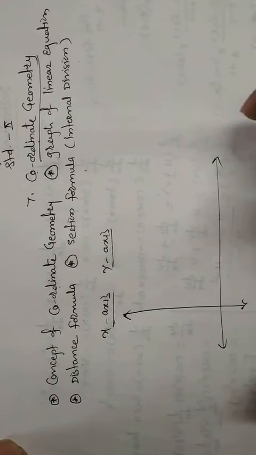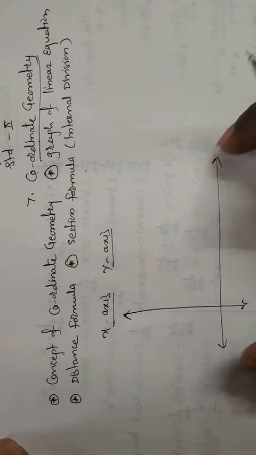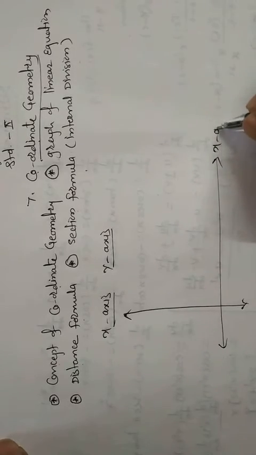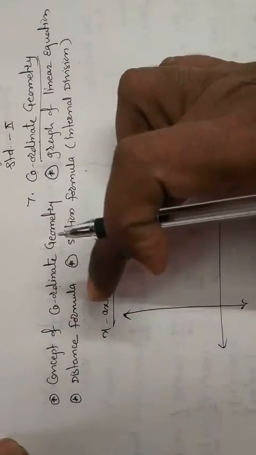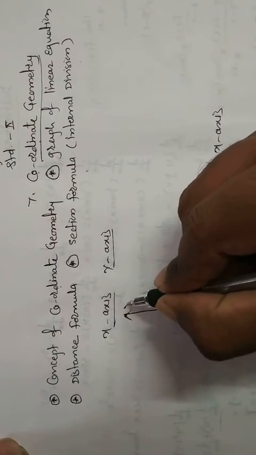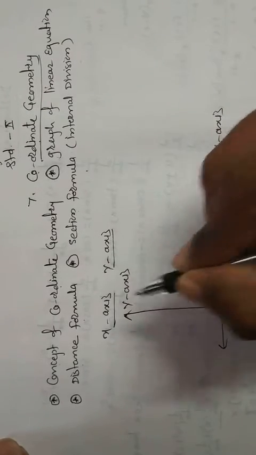graph. So this is a graph. This graph is a two-dimensional graph. This line is called the x-axis, and this vertical line is called the y-axis. And the point of intersection is called 0.